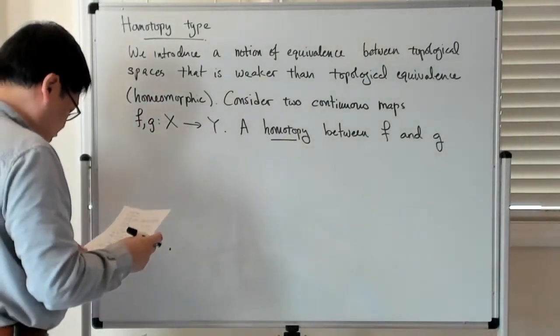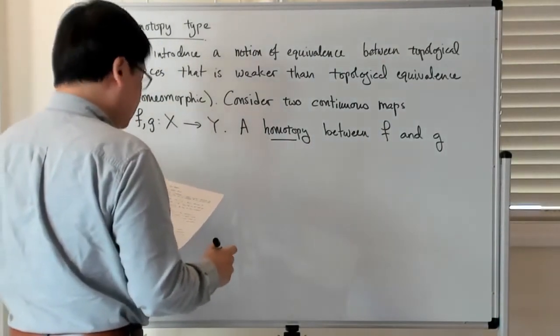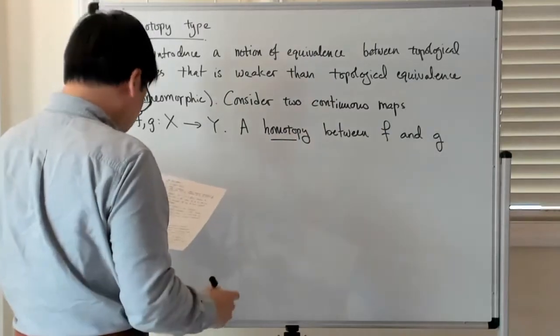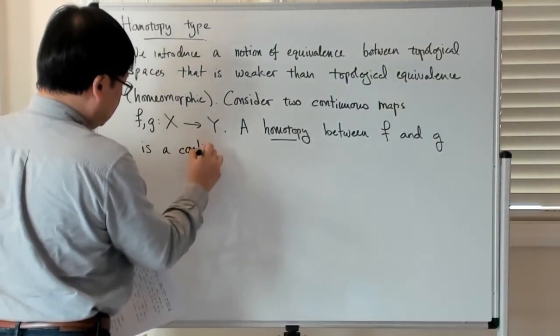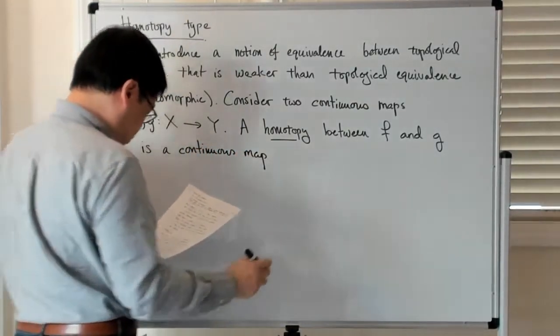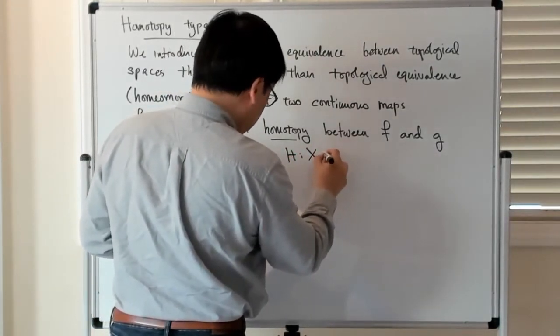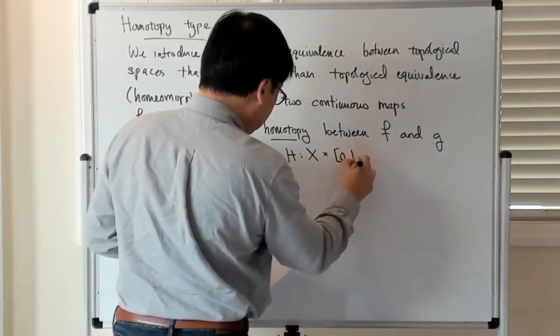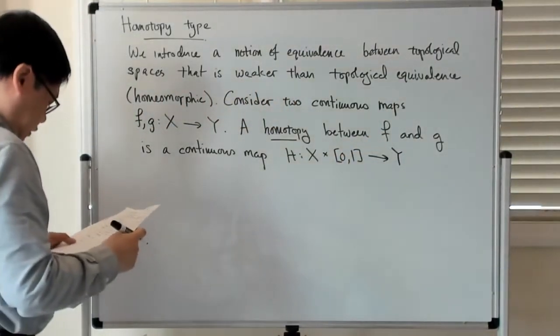Well, it is sort of a notion of interpolation. Okay, so a homotopy between f and g is a continuous map, let's call it h, from X across the interval to Y.